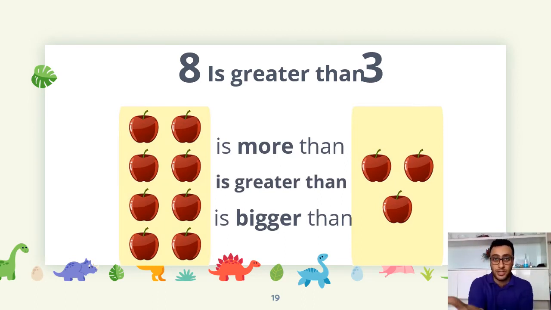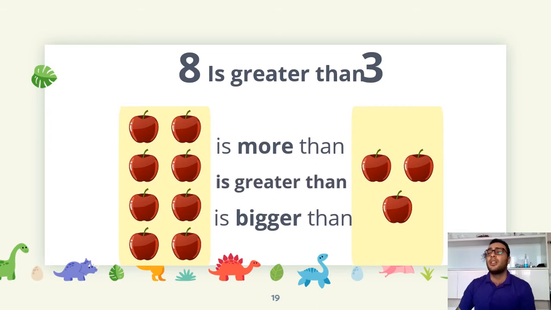It's your choice to choose which one. First one, we can say 8 is more than 3. Or we can say 8 is greater than 3, what we learned. Or 8 is bigger than 3. Now, it's your choice. All of them are correct.